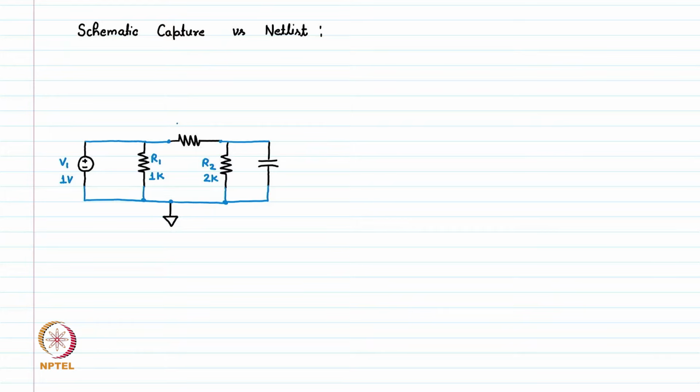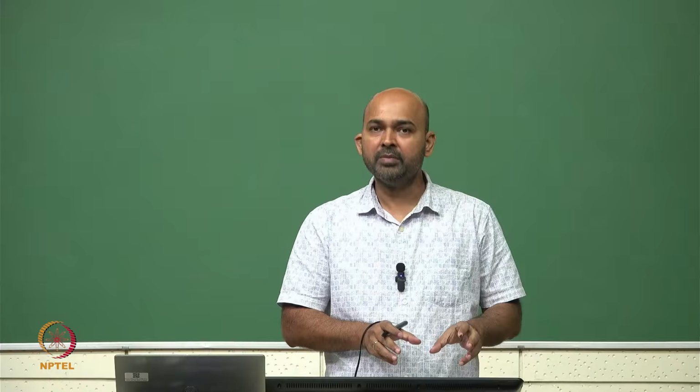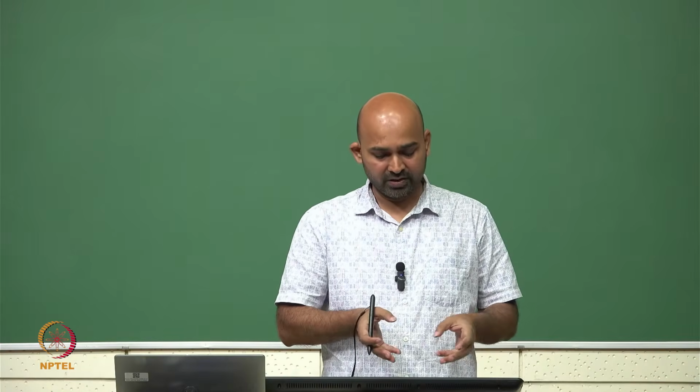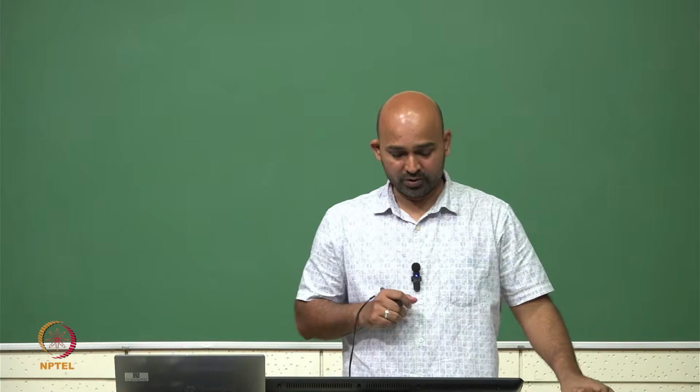Let us say this resistance is R3, which is 3 kilo ohm, and this is a capacitor, let us say C1, its value is 1 microfarad. So, this is a simple electrical circuit which we just made. It has 3 resistors, one capacitor and one voltage source.